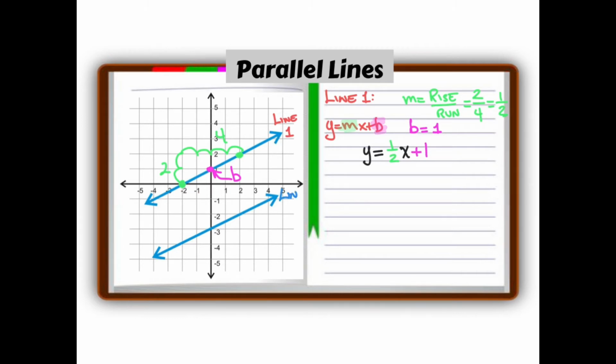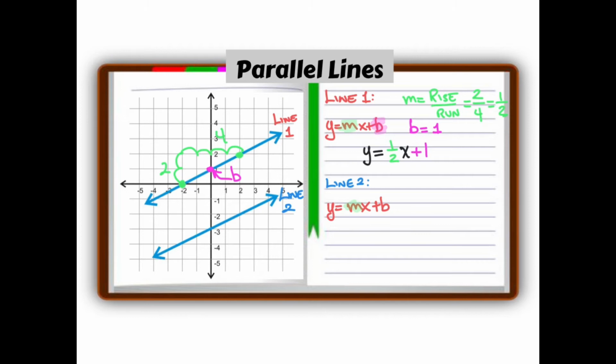Now we're going to do exactly the same with line 2. This is my line 2. We're going to look at the equation. Same thing, we want it in y equals mx plus b. So again, we are going to start with m, the slope.